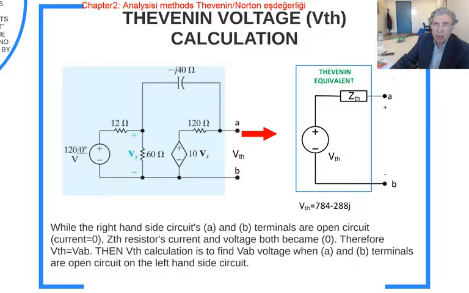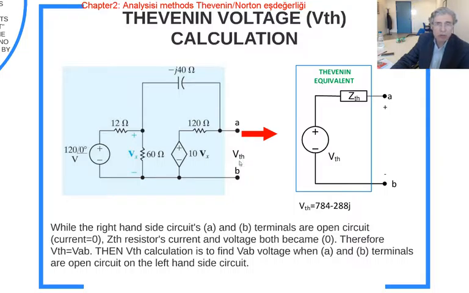Whatever we said here will be done in the circuit given to you. In this blue area, we are asked what the Thevenin equivalent circuit of this blue circuit is. Then what we are going to do is keep these terminals open circuit and calculate VAB, which is equal to VTH.